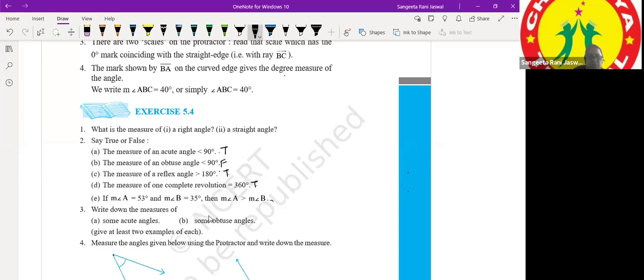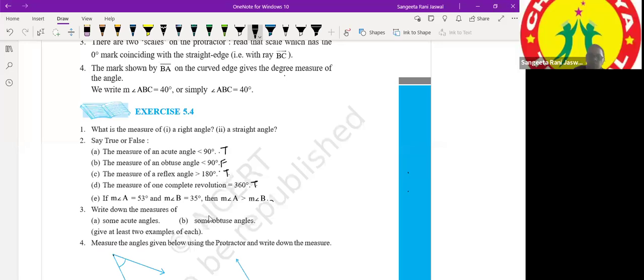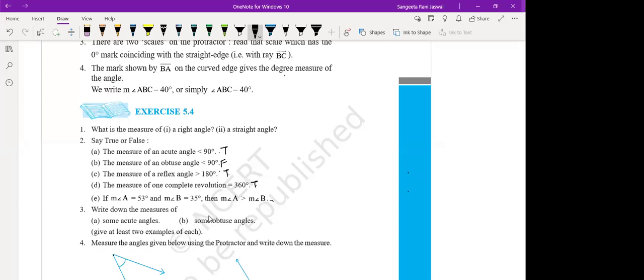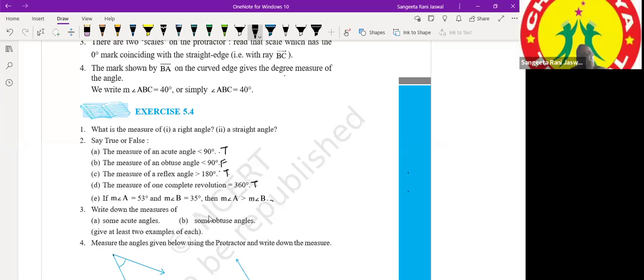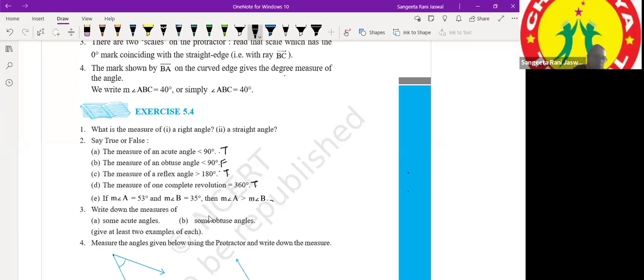Okay, Nishika, tell me: if the measure of angle A is 53 degrees and the measure of angle B is 35 degrees, then the measure of angle A is greater than the measure of angle B. True or false? True, ma'am. Okay.